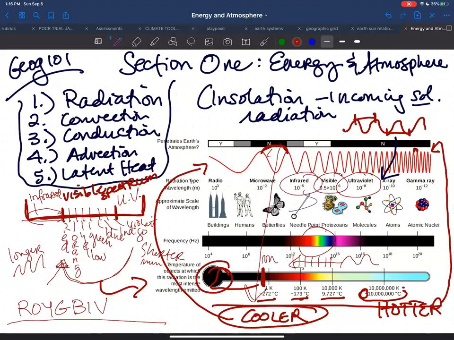So I want you to know those three categories, and that infrared is longer wavelengths and from cooler objects. Then you have visible, and then you have shorter wavelengths in the ultraviolet for hotter objects. Okay, so I'm going to stop there, and we'll talk about what happens when these wavelengths enter the Earth's atmosphere.